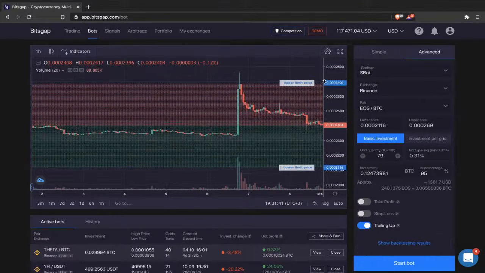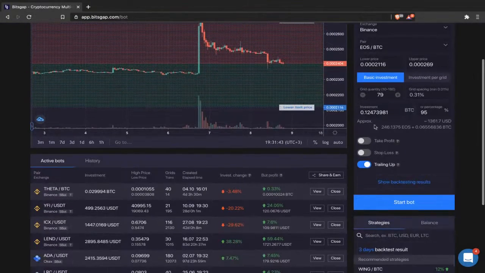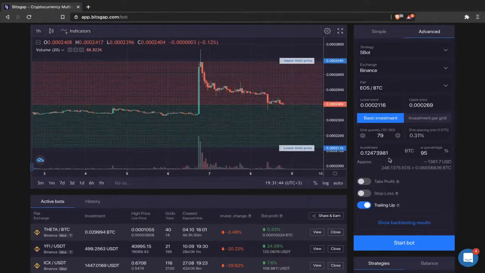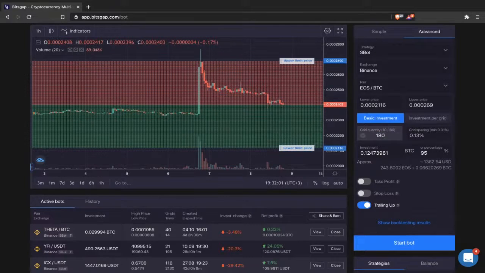So you see, 79 grid levels, total investment, and the exact value of this total investment in terms of USD is over here. So that's 1,360 USD. So if I click on start, it will automatically launch the bot. But what if I want to change the grid quantity, let's say to 180? Well, you see, still possible. So it turns out that the value is enough to launch that amount of grid levels.